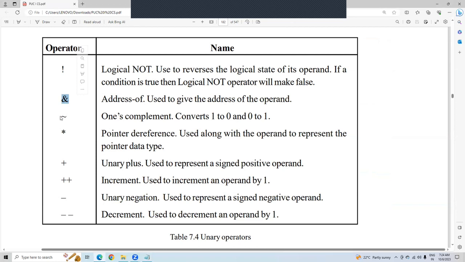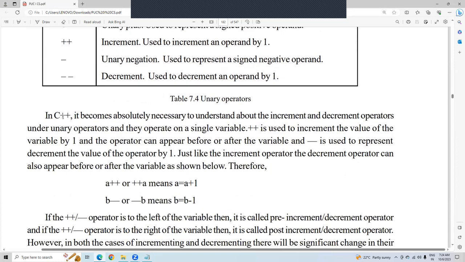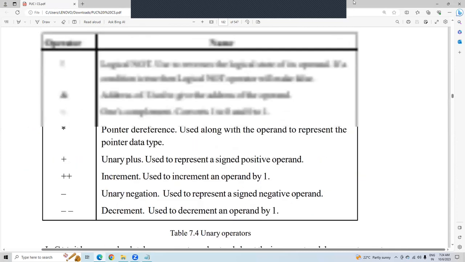If you press shift and that key, which is above the tab key, you will get this option. And the star asterisk is used for pointer dereference, and it is used for the multiplication sign also. Plus, unary plus, not binary plus. Increment operator is there. Minus is there, unary negation, and decrement operator is there.